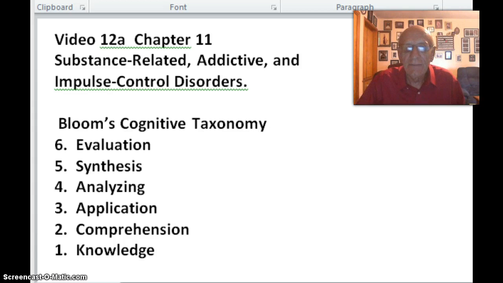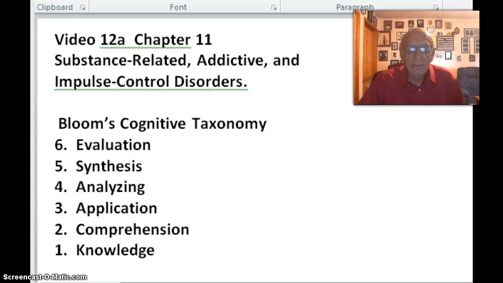This is chapter 11, substance related, addictive, and impulse control disorders. We're going to focus on this chapter, and this whole assignment will be formatted a little differently, not that differently, but a little differently.